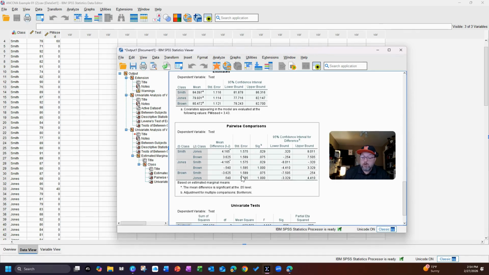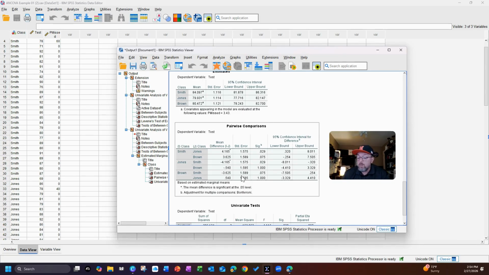The estimated marginal means indicated that Smith's class adjusted M of 84.10 scored significantly higher than Jones's class adjusted M of 79.93, p = 0.029. The differences between Smith and Brown, p = 0.075, and between Jones and Brown, p = 1, were not statistically significant.